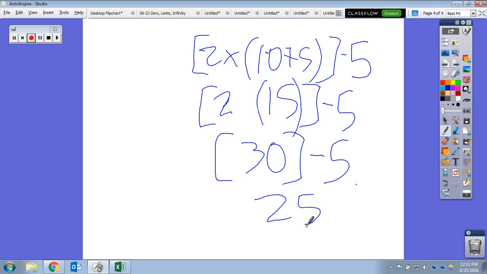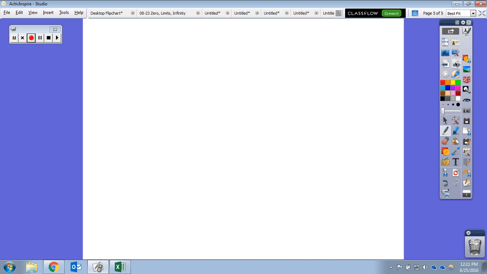Fantastic. Would anyone like to demonstrate what it would be if you looked at that and thought it was an x and not necessarily a multiplication symbol? Please. You can just hit the next page button, which is above the color palette. It's got a blue arrow on it. Thank you. Pick any color you like.